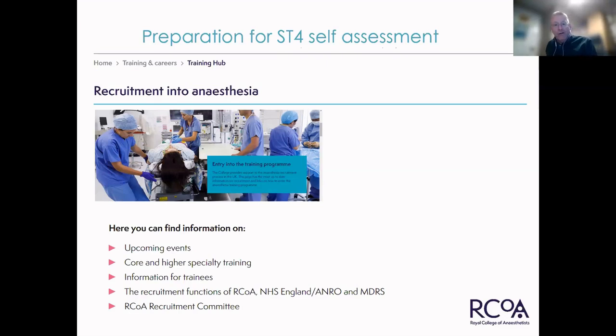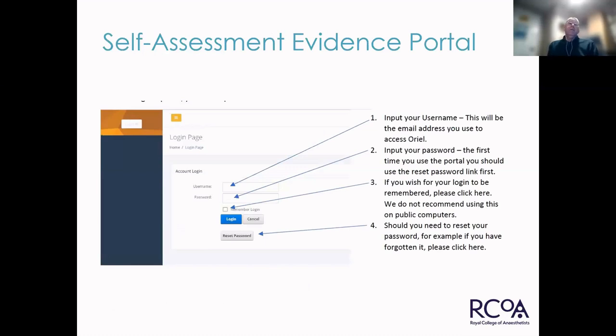I'm just going to finish off with a couple of wee slides about the self-assessment evidence portal. We were hoping to get somebody from ANRO, but unfortunately nobody was able to join us today. And these are all slides which are taken from the document which is on the ANRO website. So you will see this information on the ANRO website, and all these slides are taken from that.